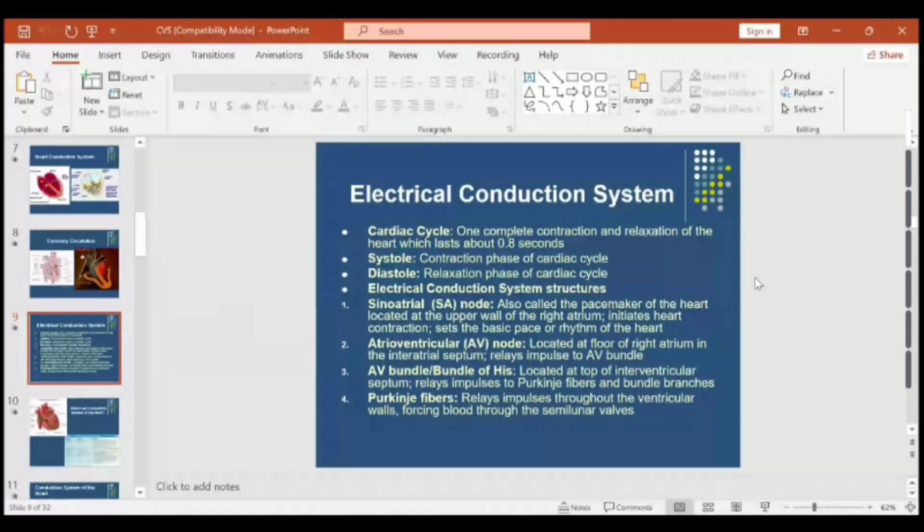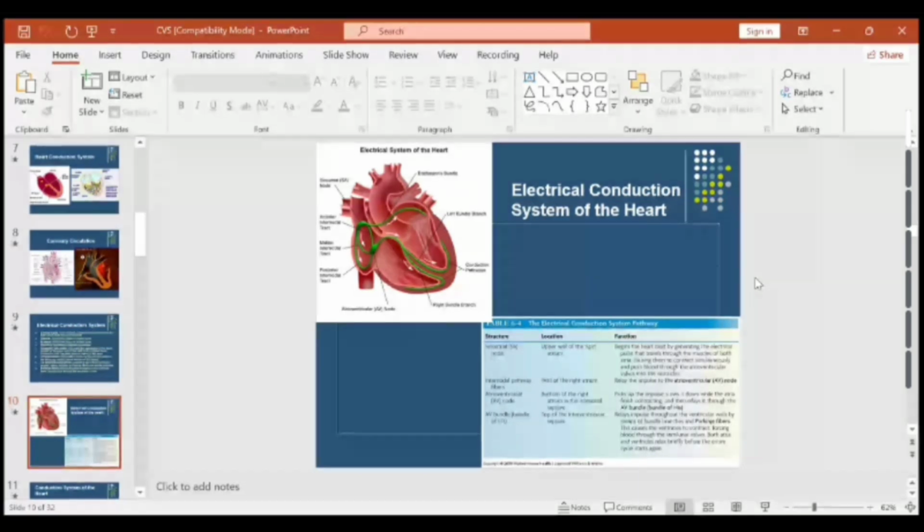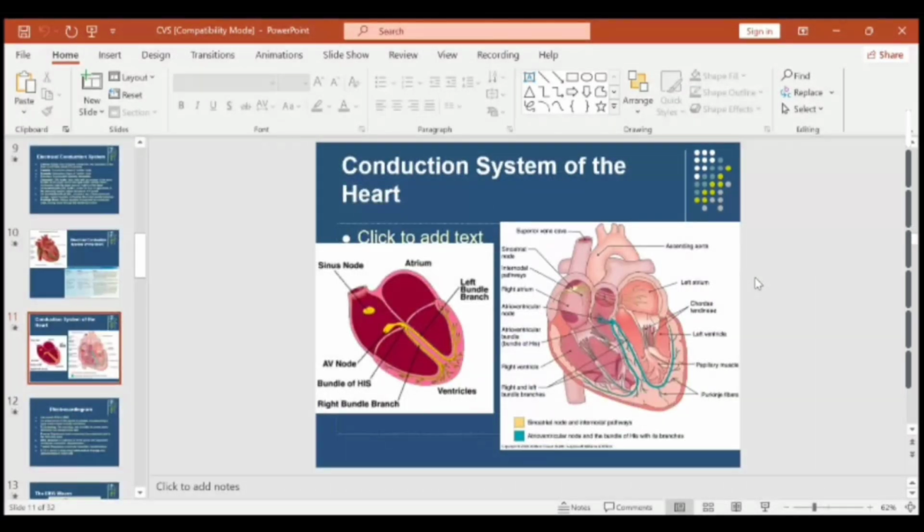Below the AV node, we go to a small region called the Purkinje fibers, which will relay the impulses into the ventricles. And from there, we go into the left and the right bundle branches, which supply the right and the left ventricle and ensure that the two ventricles contract. So you have an animation here on your screens.